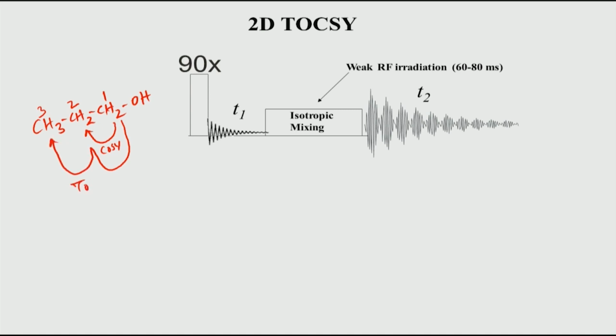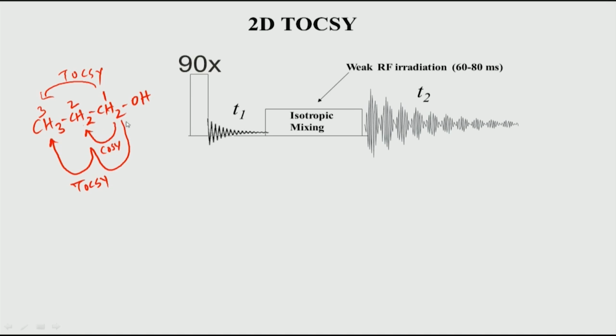So, in a TOCSY experiment you actually go from one hydrogen to a far away hydrogen, that is from 1 to 3, because of the intermediate coupling to 2. Because 1 is coupled to 2 and 2 is coupled to 3, 1 gets coupled to 3 in the case of a TOCSY, but not in the case of a COSY. In the case of a COSY the transfer takes place only between nearest neighbor hydrogen atoms.